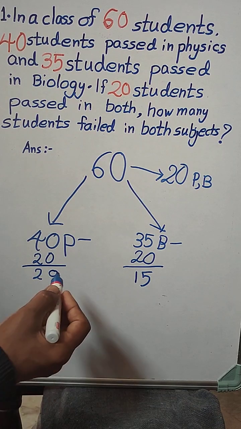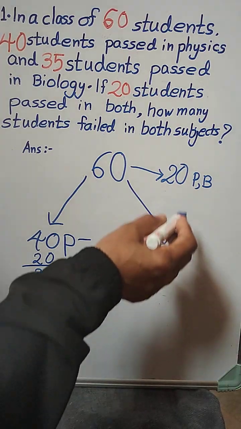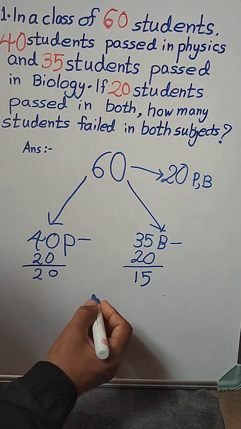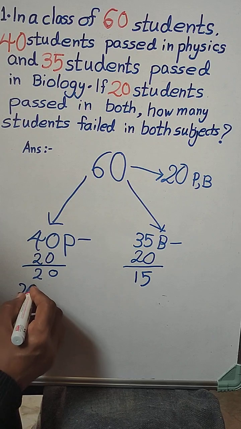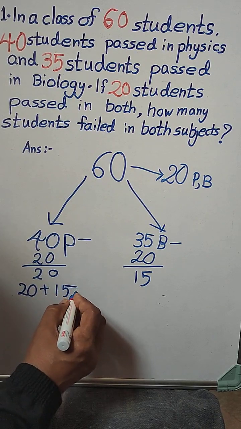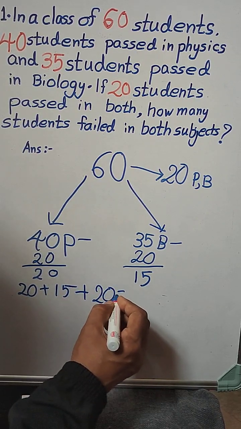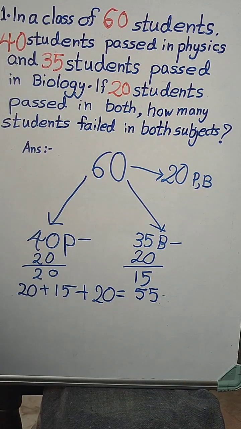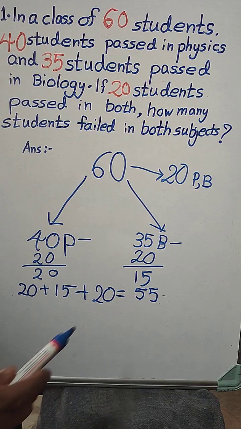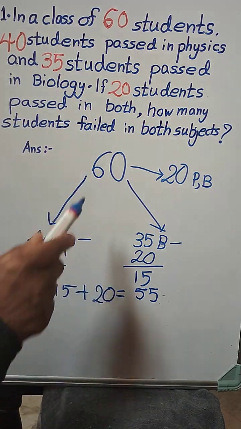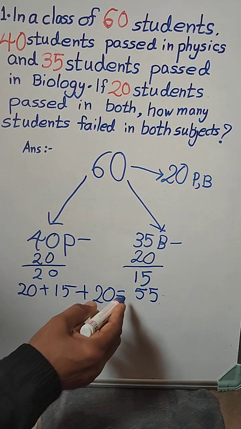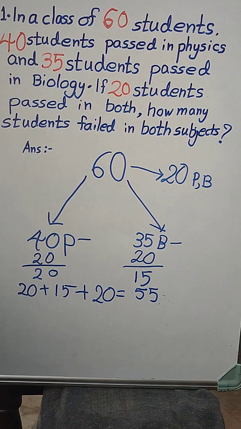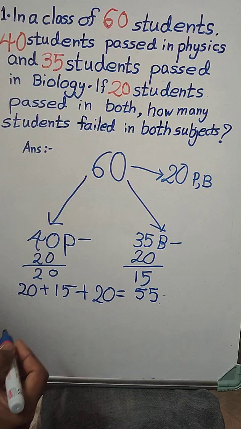Now the total is 20 plus 15 plus 20, equal to 55. Our total students is 60, and 55 students passed either in physics or in biology or in both the subjects.